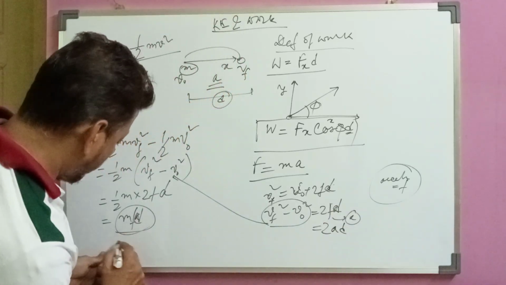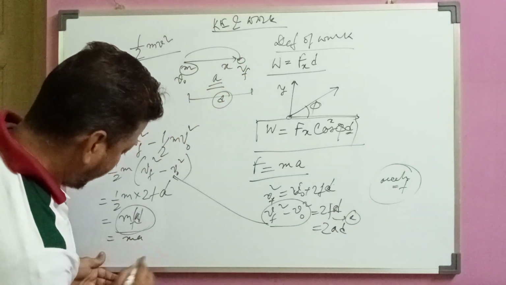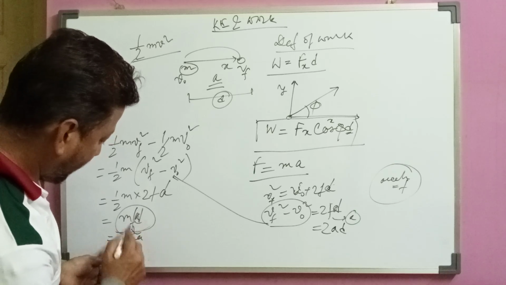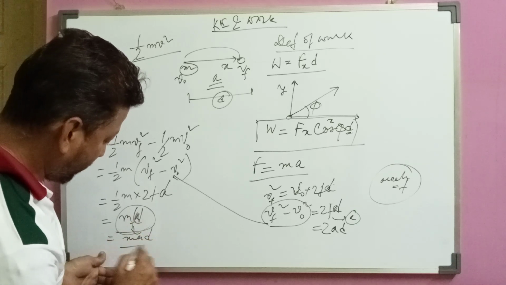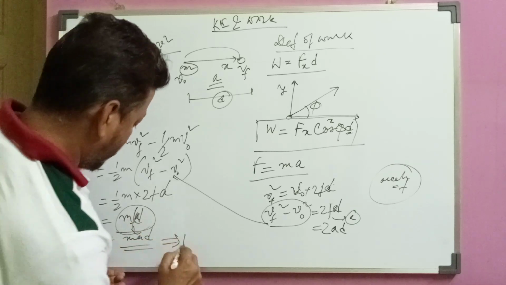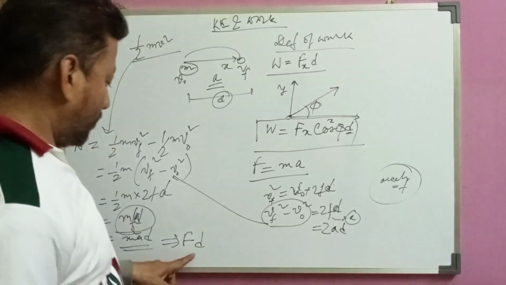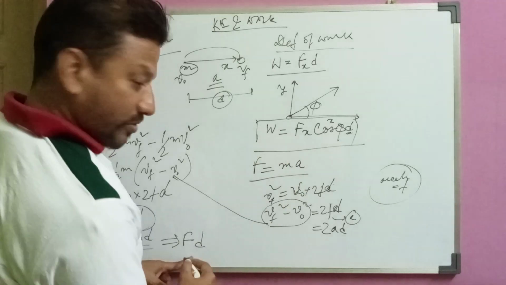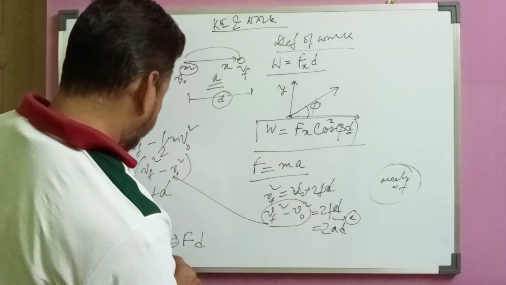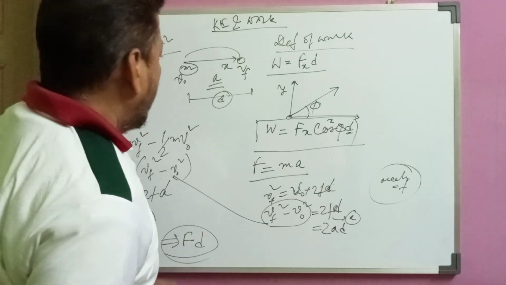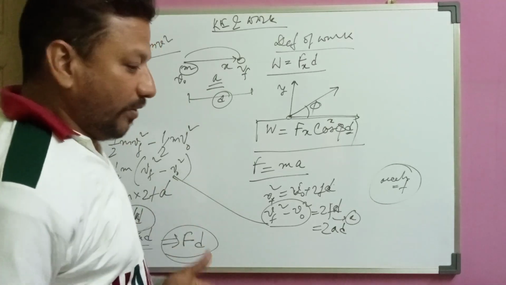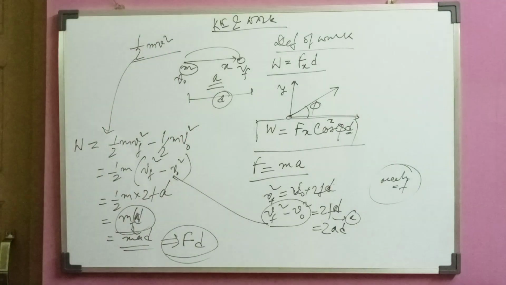So this F is equal to ma, acceleration into d distance. Ma is equal to what? This force into d. So from this distance we can write this. This is the end of this part. Again we'll go somewhere else from here.